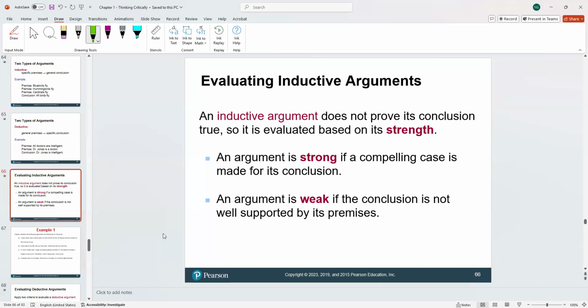So that's how we evaluate inductive arguments. Note that evaluating strength involves personal judgment. Sometimes it's based on your feeling. An argument that one person finds very strong might appear weak to someone else. For example, a movie director might say, my next movie will be a hit because my last two movies were hits, because I contracted the best, most popular actors.